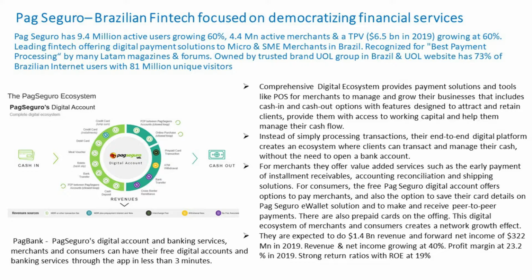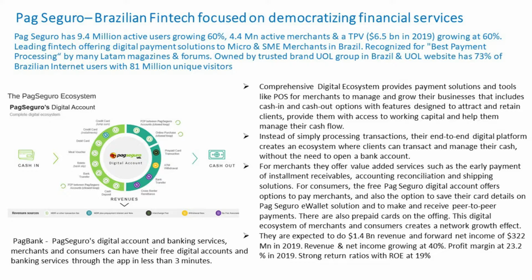PagSeguro ecosystem has been laid out there in the picture. You could see there are a host of services from cash in to cash out, like credit card, debit cards, meal vouchers, and then there is bank transfer, P2P transfer between person to person, and then there is prepaid cards, ATM withdrawal, bank transfer, cross-border remittance, a whole suite of services that's been offered by the PagSeguro ecosystem.